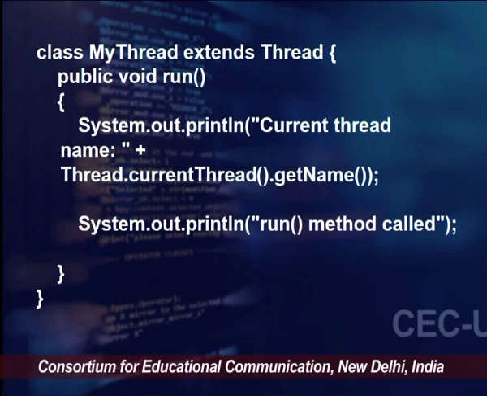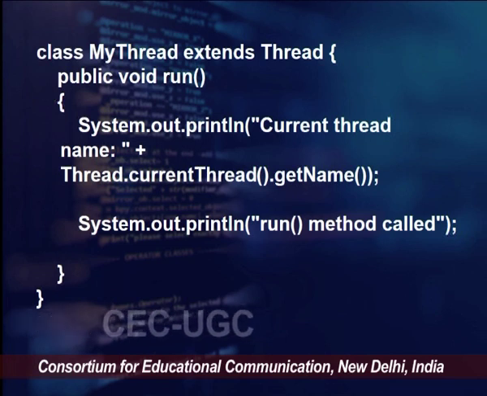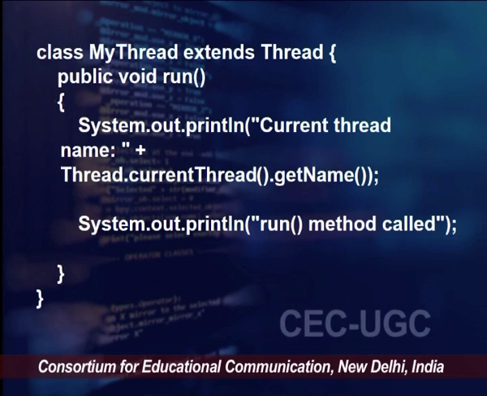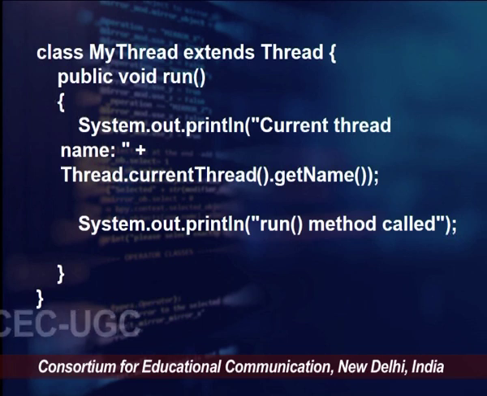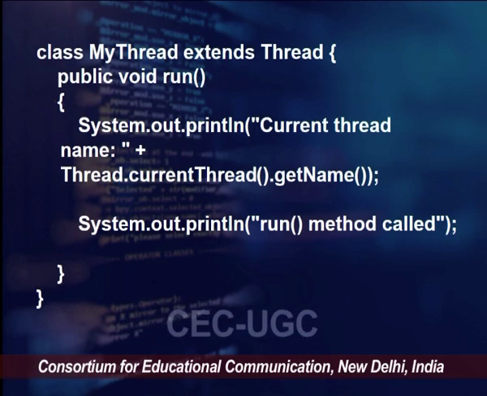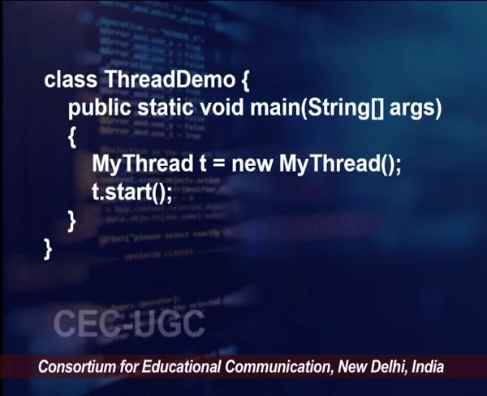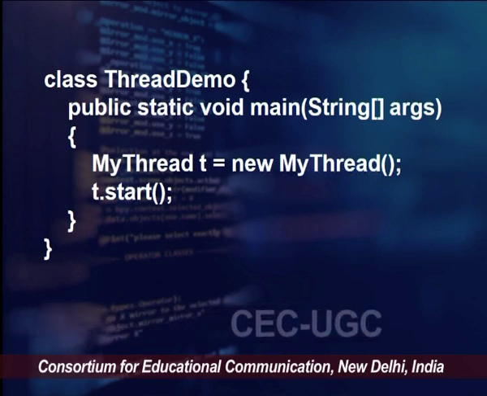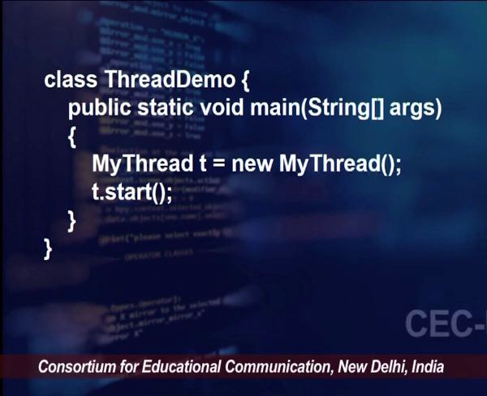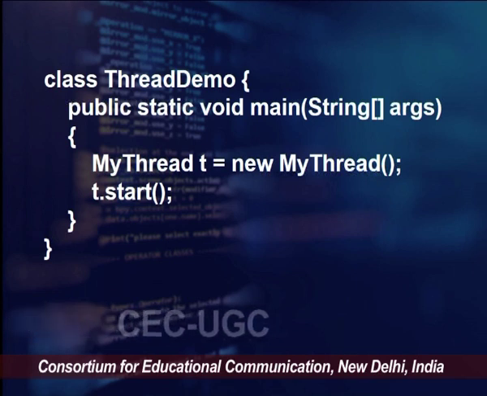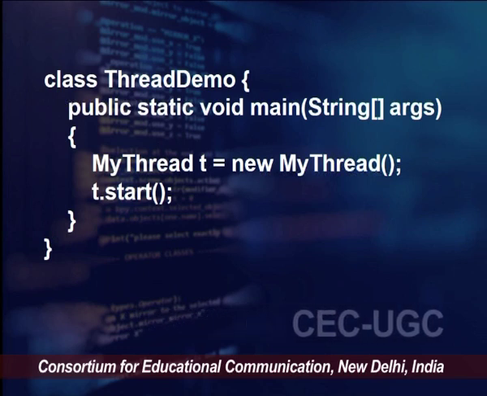So what is actually happening inside this MyThread which is extending the class Thread, there is a run method which prints the name of the current thread on which the run is going to be executed, and within the main method, we have created one reference variable of that class MyThread by the line MyThread t = new MyThread, and we have called t.start here.